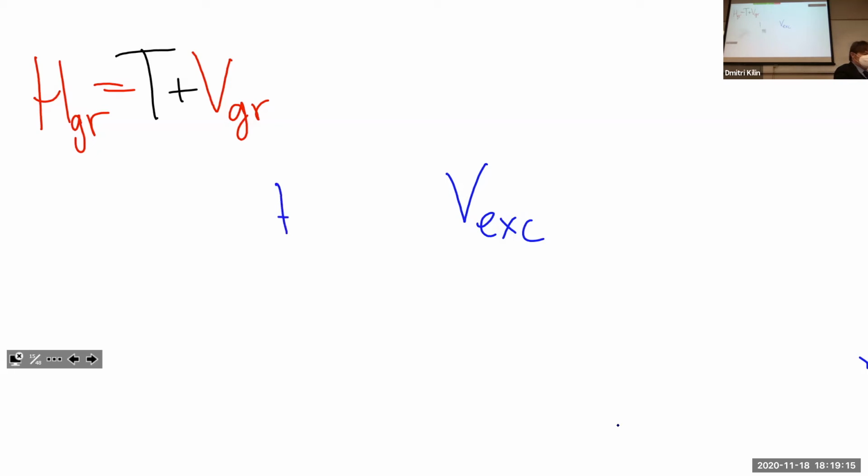The Hamiltonian for the excited state is the same kinetic energy plus the potential for the excited state. Make sense? Now, this can be digested in a second.